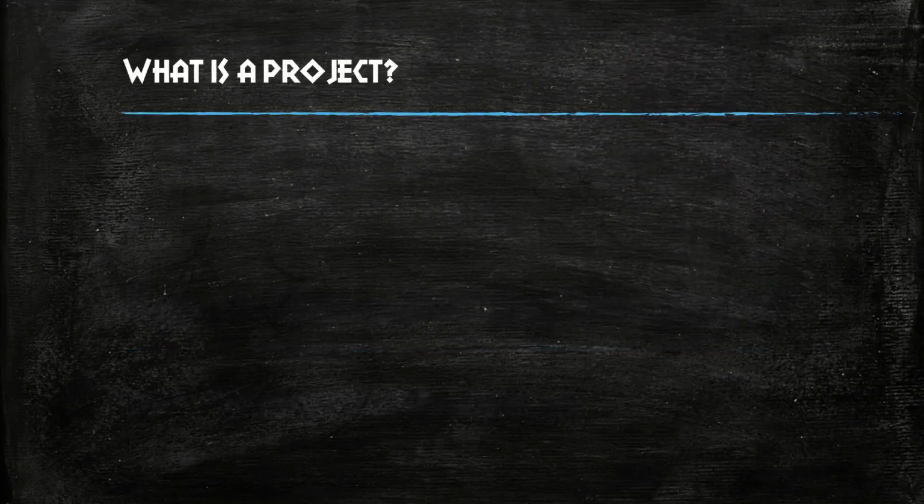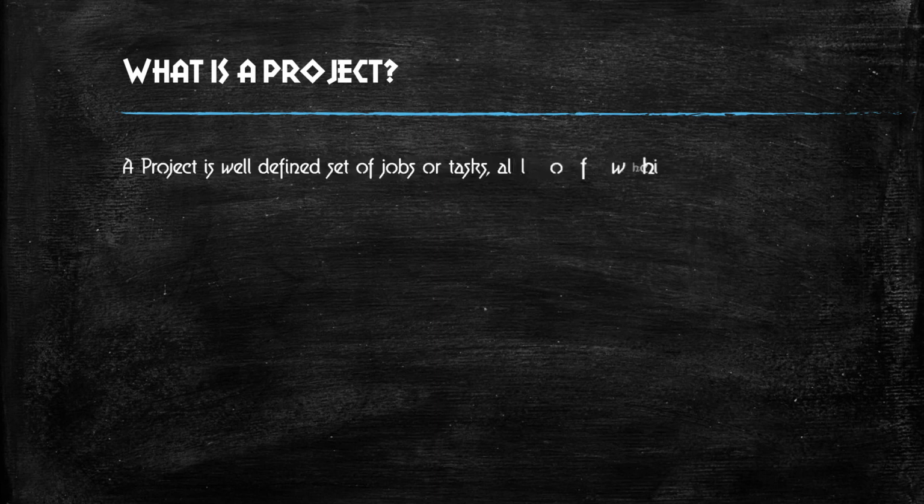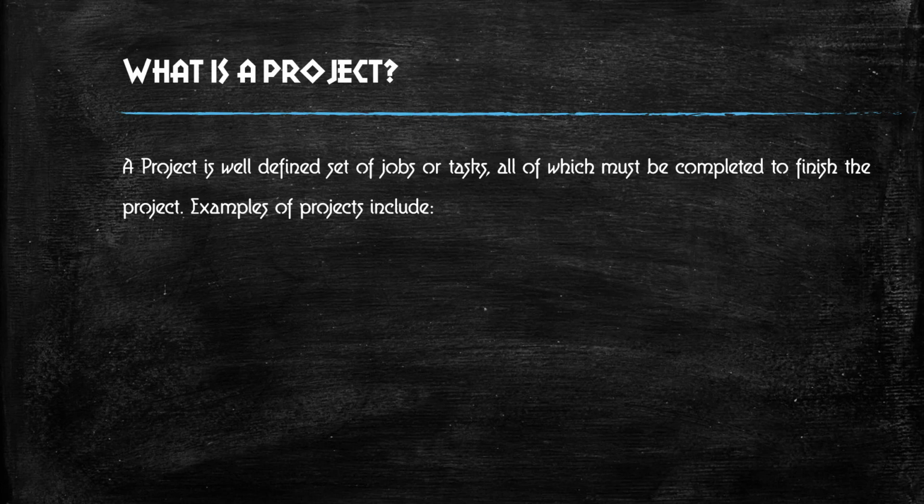What is a project? Before studying network diagram, it is essential to know what a project is and what project management is. I'm going to just touch on that, then directly get into the network diagram. A project is a well-defined set of jobs or tasks, all of which must be completed to finish the project.